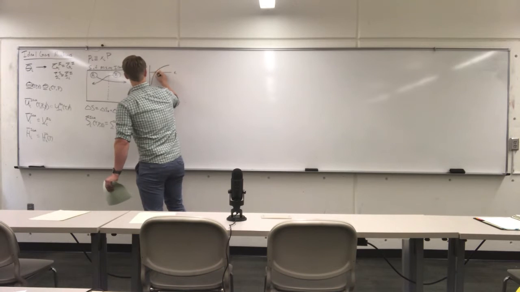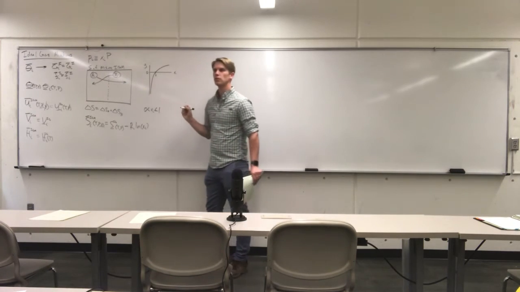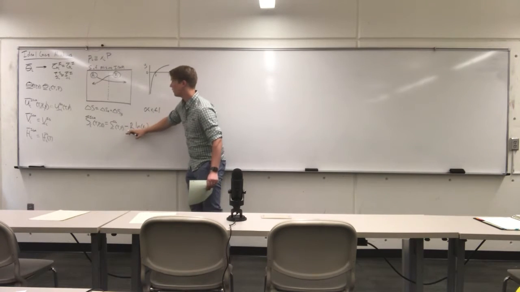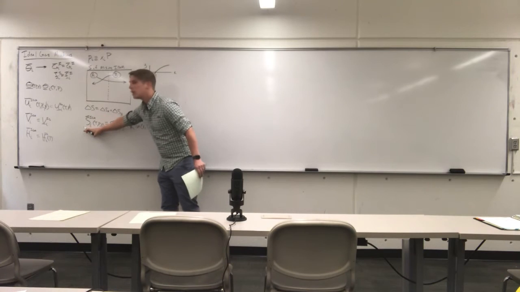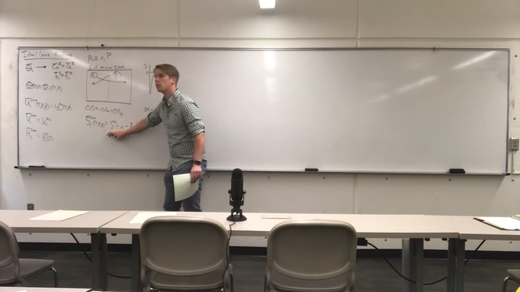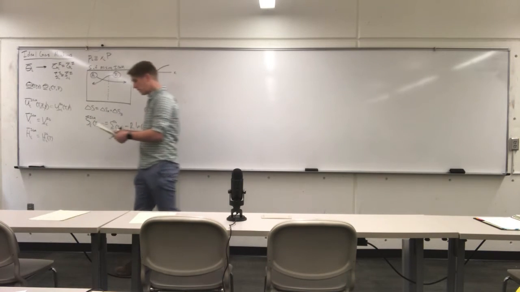This is at x equals 1, y is 0. That is our natural log function. This is negative, this is positive. So the entropy of an ideal gas in a mixture is always greater than the pure ideal gas properties itself.